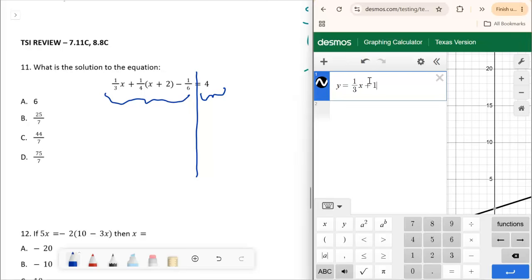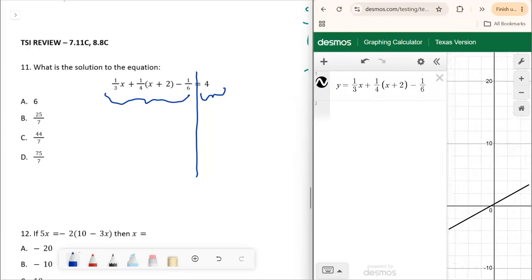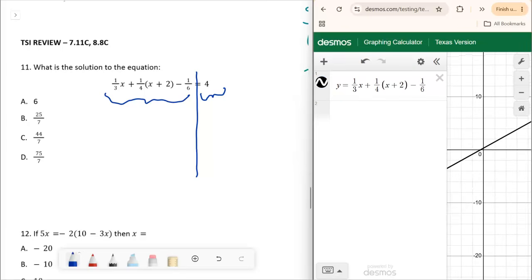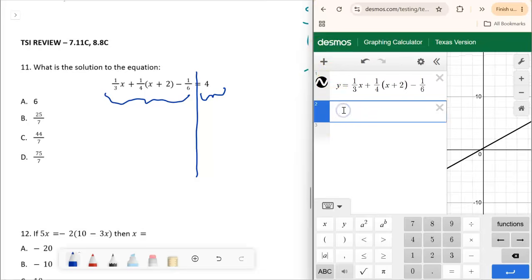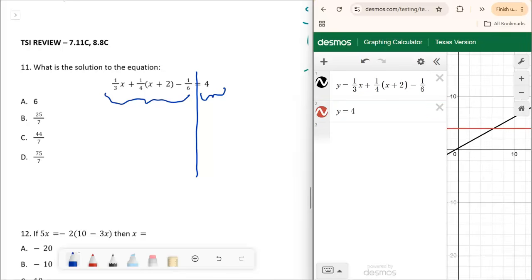Plus 1/4, arrow over, parentheses, x plus 2, close parentheses, minus 1/6. Okay, so go see where that one is. And then y equals 4. And then you look at where they cross, and that's going to be your answer, wherever they're crossing. Okay?